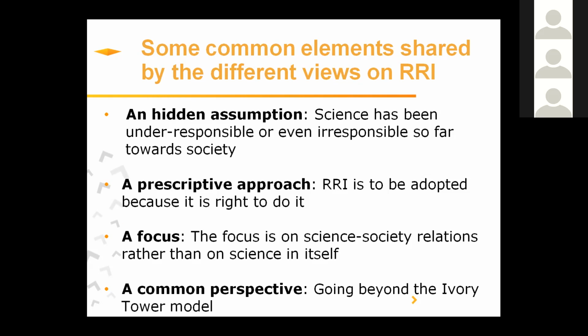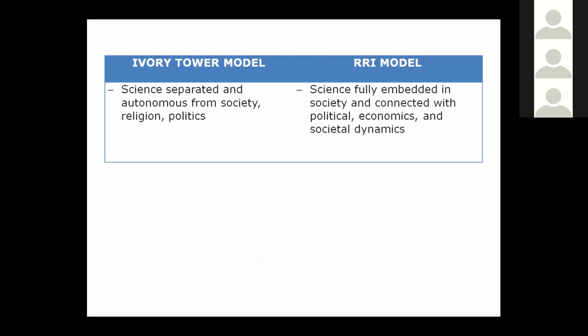And a fourth element that I believe produces a common ground for the different views of RRI is the idea that we have to go beyond the so-called ivory tower model. That is the model shaping science as a social institution for centuries. The ivory tower model is very well known.